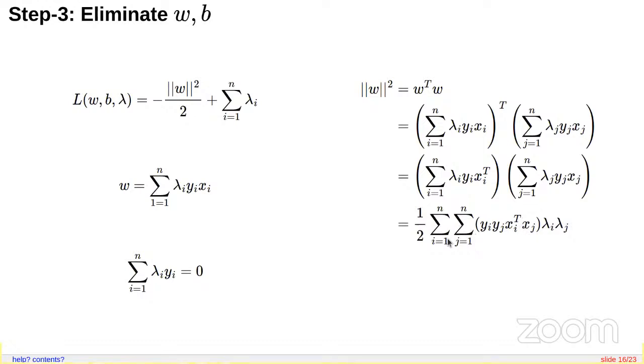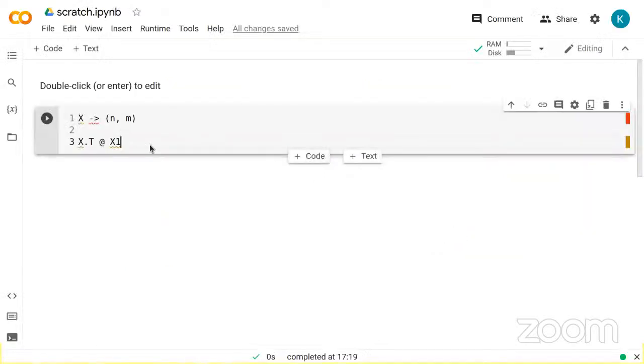X transpose X will be m cross m. The outer loop runs from 1 to n, and the inner loop runs from 1 to n, so n square. If you do X times X transpose, the dimension will be n cross n, which gives us what we are looking for.